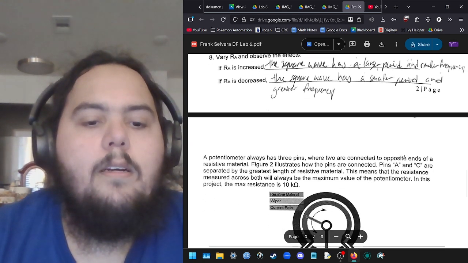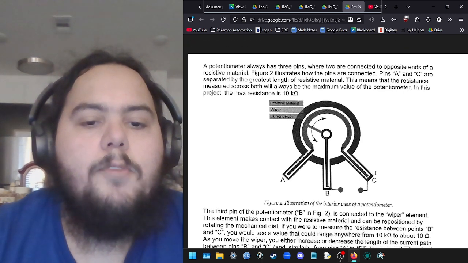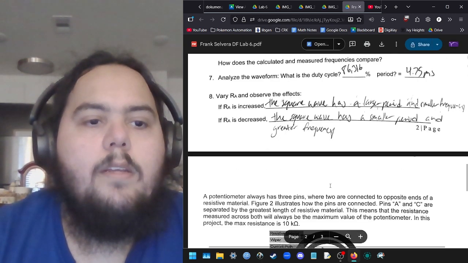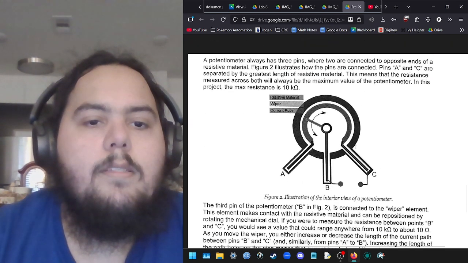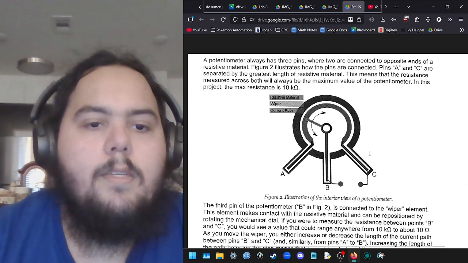And then finally, again, I used the B and C terminals. We were tasked with finding out what would happen to the wave if RA is increased and when RA is decreased. Now, RA is the resistance between B and C, since those are the terminals I used.